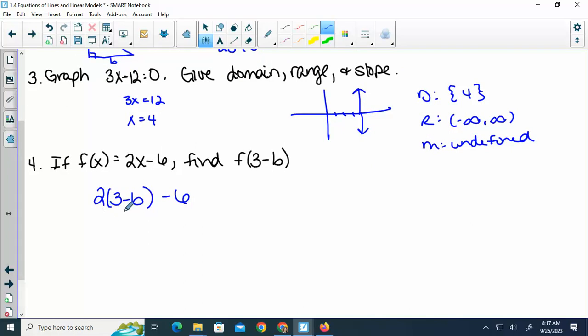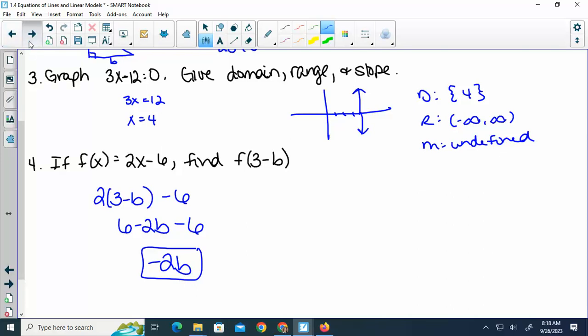So if we distribute, we get 6 minus 2b minus 6. The 6's cancel, so our answer is negative 2b. Okay, so function notation, if I ask for f of something, you're just replacing that with your x. Any questions on this slide? All those examples.